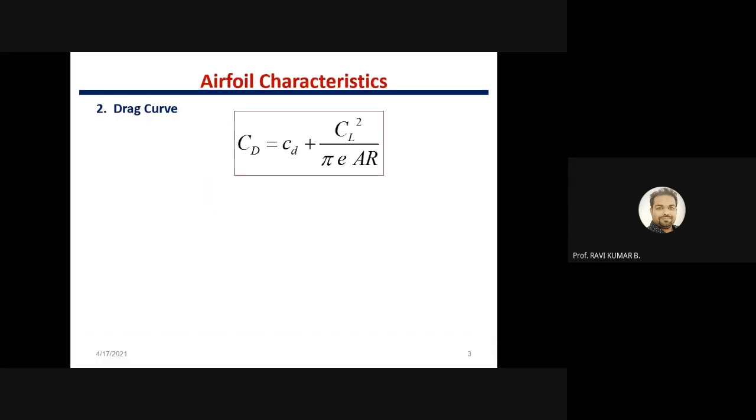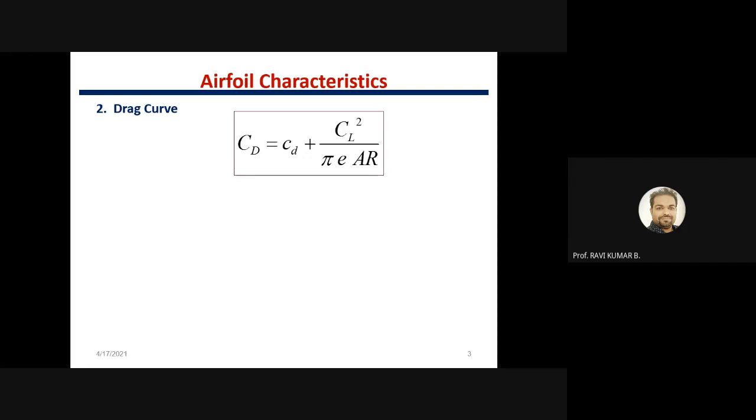So total drag is a summation of profile drag and induced drag. And why is induced drag coming? Induced drag is coming due to flow separation, right? When flow is getting separated at the trailing edge, that will cause generation of trailing edge vortices, and trailing edge vortices will induce a downward component of velocity, right? Due to which there will be a resistance to the motion of the airfoil, and that is known as induced drag.